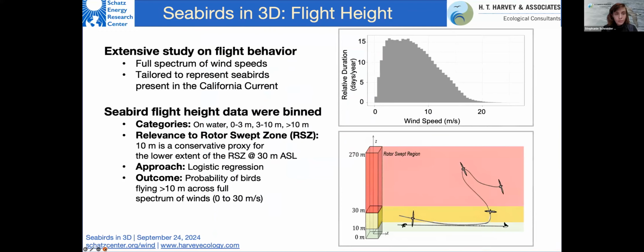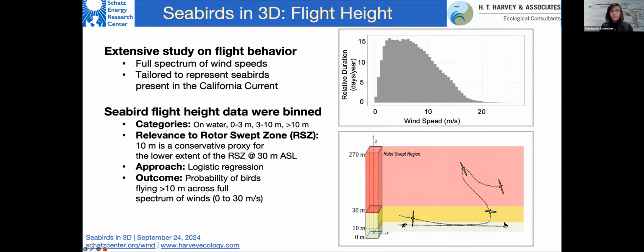That's one of the main points to make about the wind speed: we have extensive wind data. We have seabirds observed from 0 to 30 meters per second wind conditions, and that's the same range that turbines operate. Also, because of what Sharon said, we weren't thinking about 30 meters as seabird biologists.